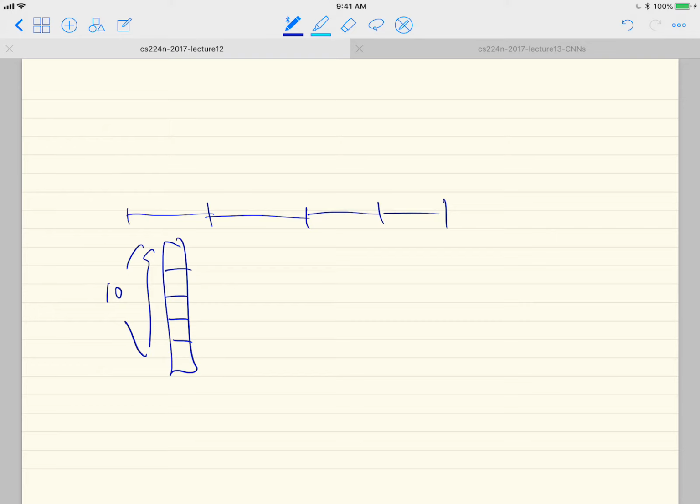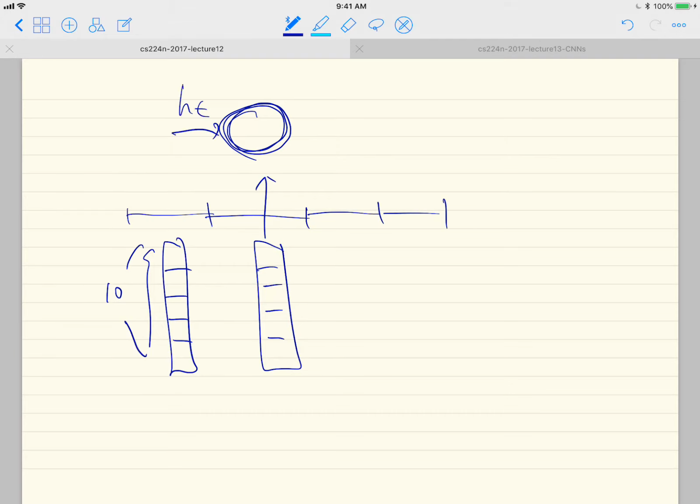So this is our input vector, and that can be viewed as kind of a word embedding vector. And then if we consider the LSTM, we will have a hidden state vector here, and then this one is an input vector, and then we will perform the linear combination on these two vectors, right?